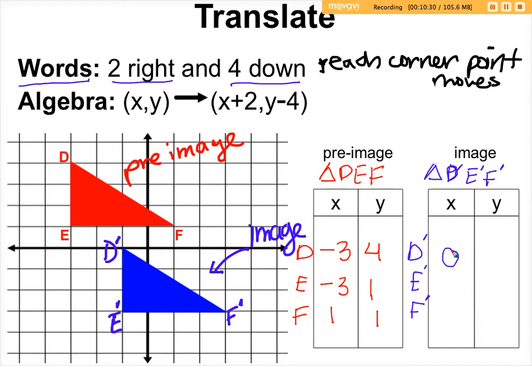Image D is at -1, 0. Image E is at -1, -3. And image F is at 3, -3.